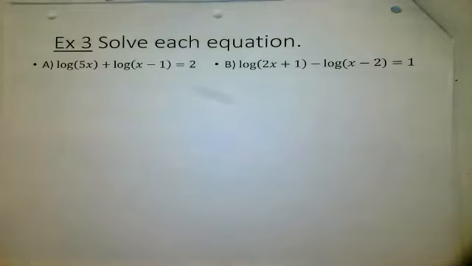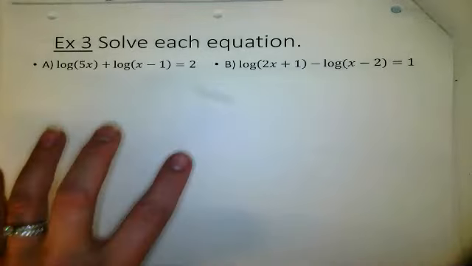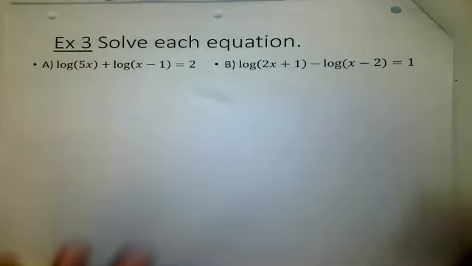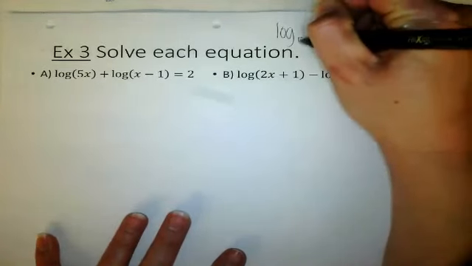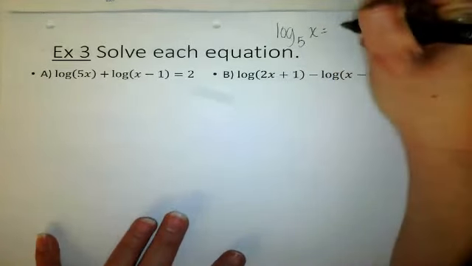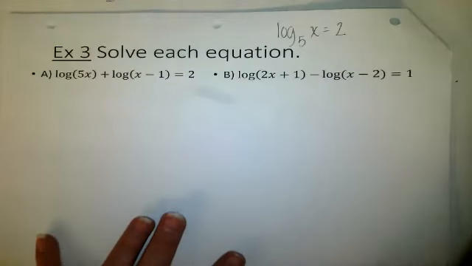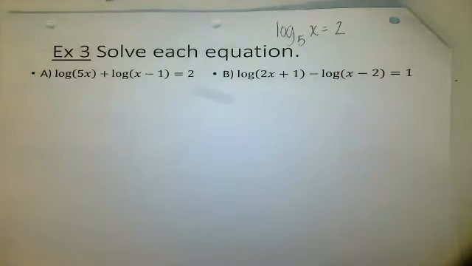Okay, so the reason we have to learn how to expand and condense logarithms is so we can solve complicated equations like this. You guys already know how to solve an equation like log base 5 of x equals 2. How do you solve a simple equation like this?